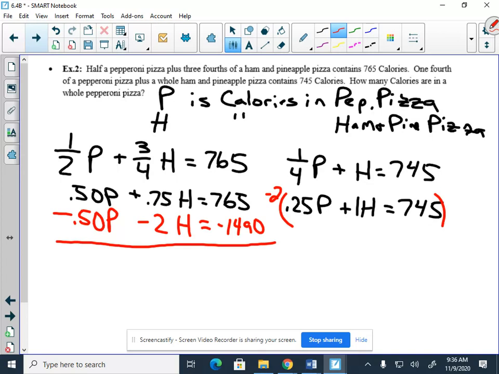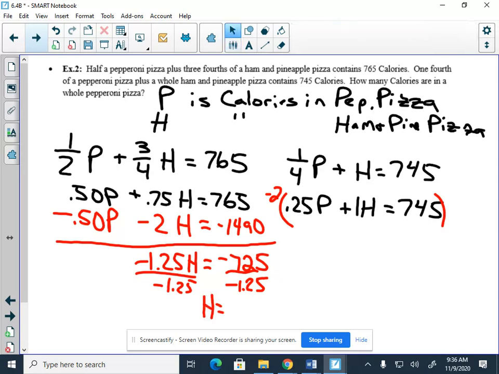But when we do this, we subtract. This is going to be -1.25h equals -725. We'll take 725 divided by 1.25.